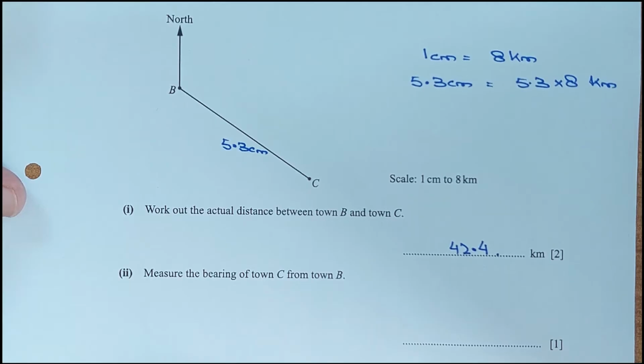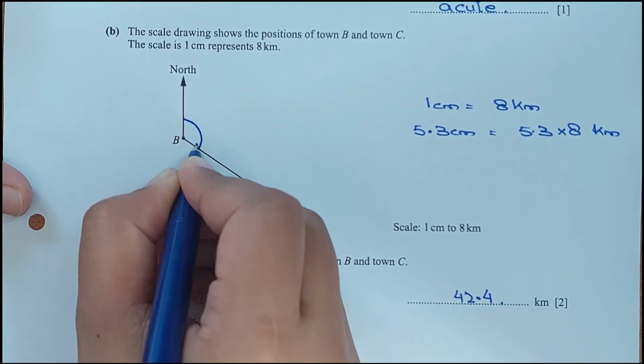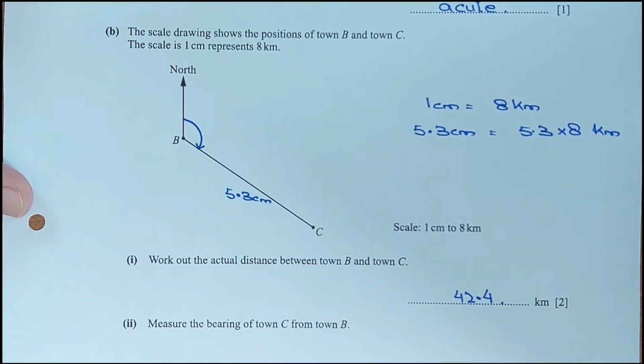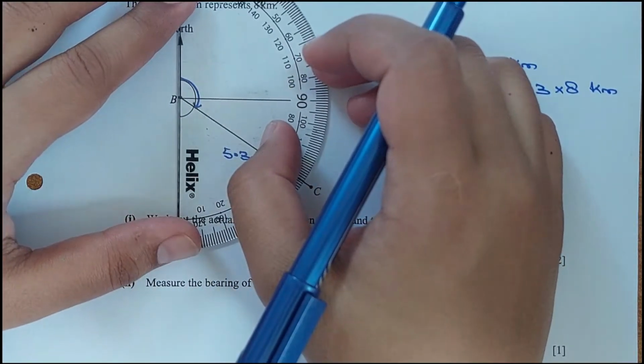Now for the second part, measure the bearing of town C from town B. From town B, this is the angle we have to measure. All right, let me measure the bearing.